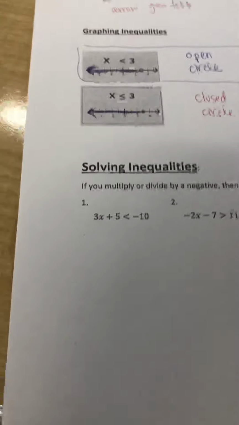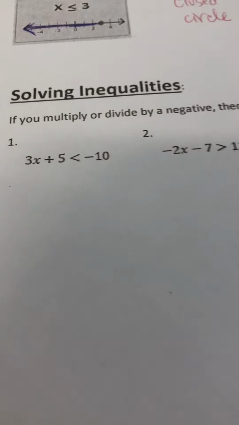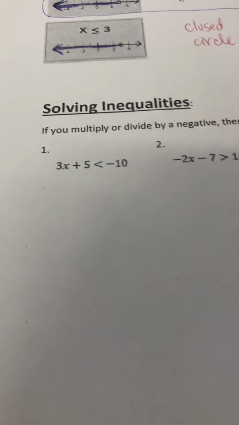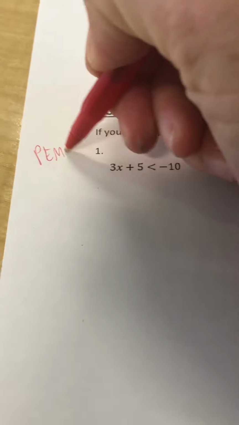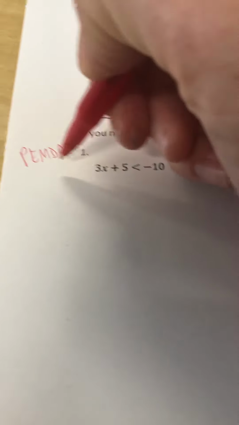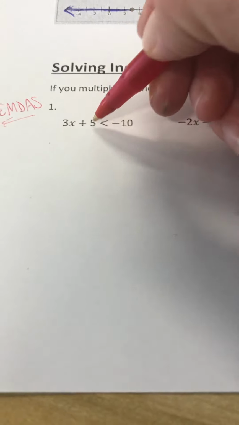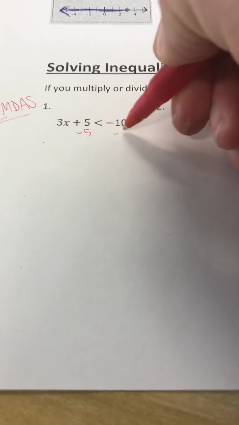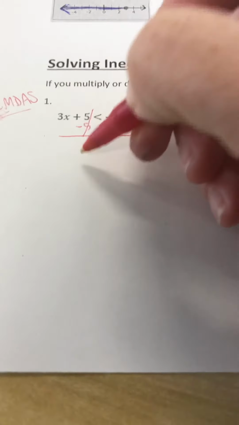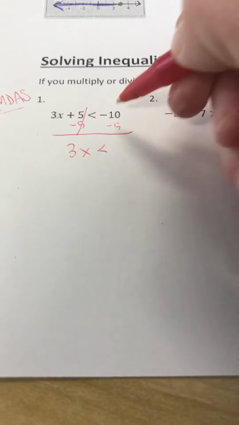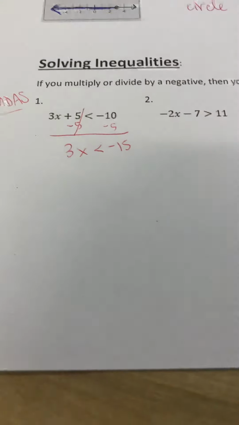Okay, so if we were to solve this first problem, it says 3x plus 5 is less than negative 2. Again, we're going to work backwards from PEMDAS, and we're going to subtract first. Right here we have 3x plus 5, so we're going to subtract 5 from both sides. And we're going to say 3x is less than negative 15.